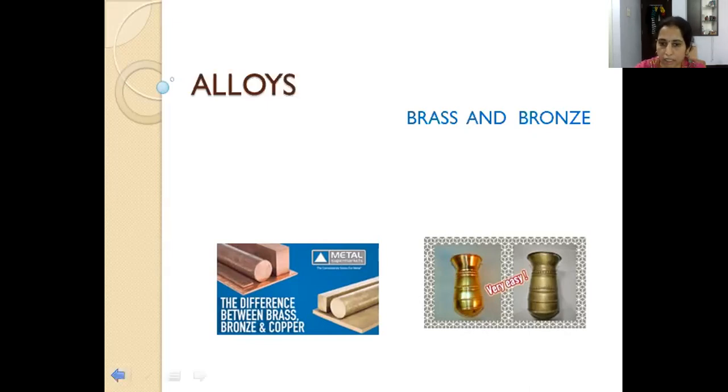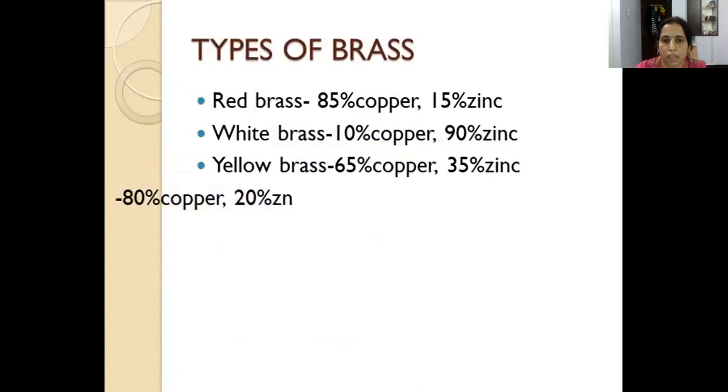You can see here in the picture brass and bronze. Bronze looks a little bit duller than brass. Both of them are alloys of copper, which have better properties than copper in appearance and for many purposes. So we'll continue with the bronze in the next slide.